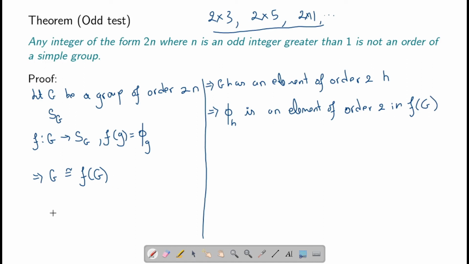Since G and Fg are isomorphic under this function, we see that phi h is an element of order 2 in Fg. Now phi h is a permutation, which means that we can take phi h and break it into a product of disjoint cycles. So let us write phi h as some C1 times C2 up to Cm.